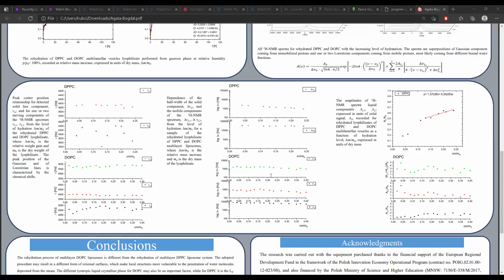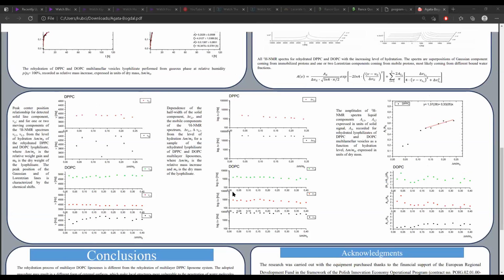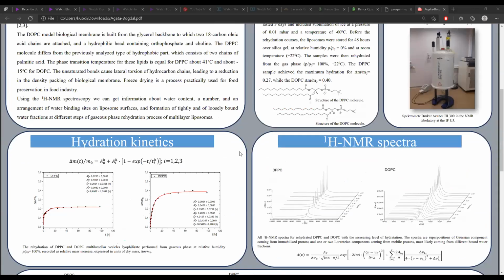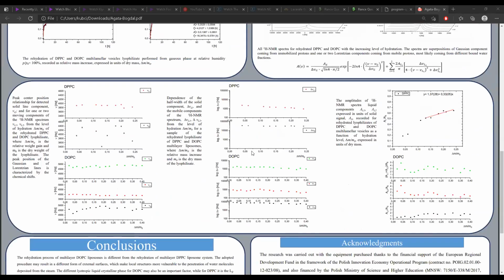The difference is that in the DPPC, we observe only maximal hydration at the level of 25%, and the Gaussian peak is very broad, around 80 to 90 kilohertz. So the structure is very, very stiff.